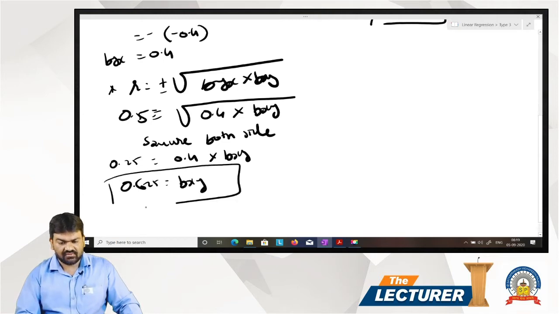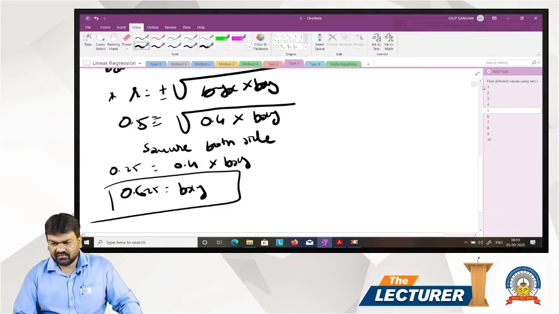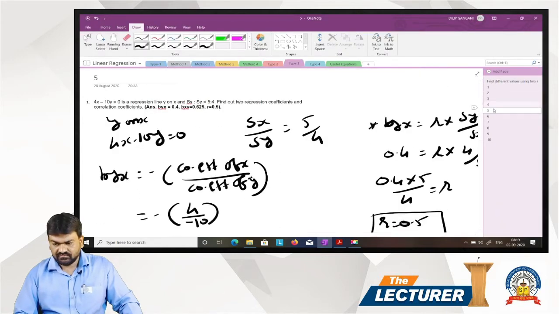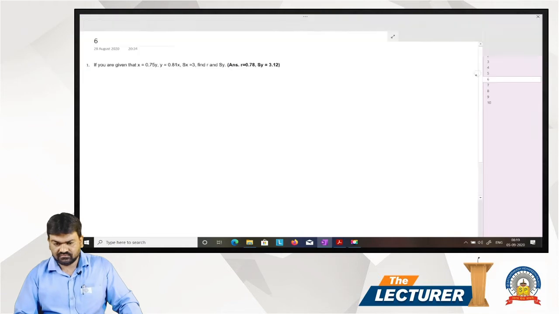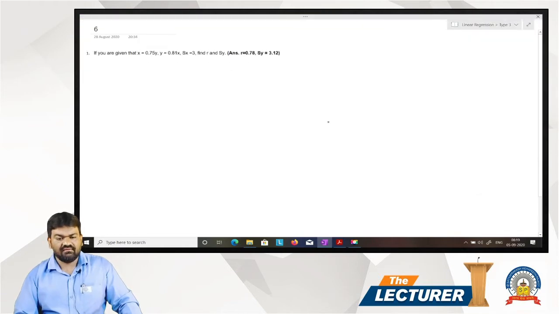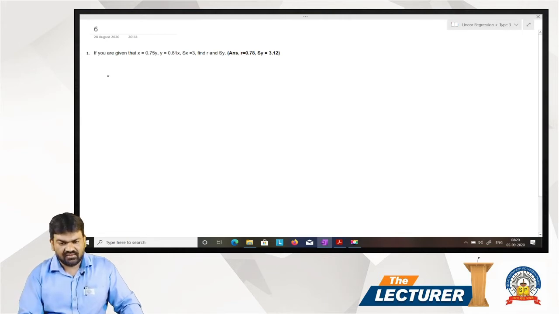This is your answer. Next, example number 6. If you are given that x = 0.75y and y = 0.81x, sx is equal to 3, find r and sy. What is x is equal to 0.75y?